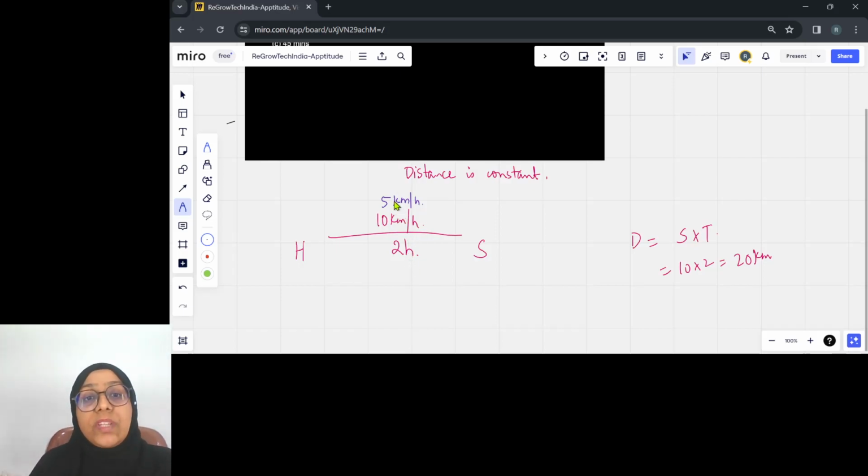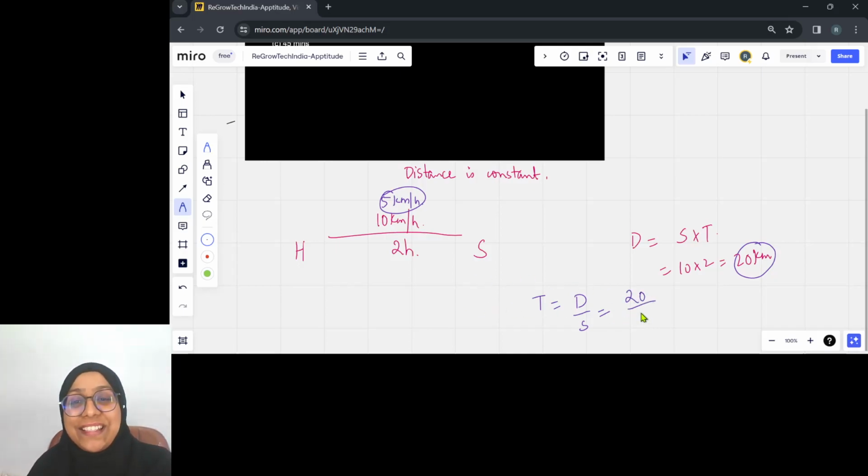Let's see how. So speed is 5 kilometers an hour, distance is constant, 20 kilometers. Therefore, time would be distance divided by speed, which is 20 divided by 5, which is 4 hours.